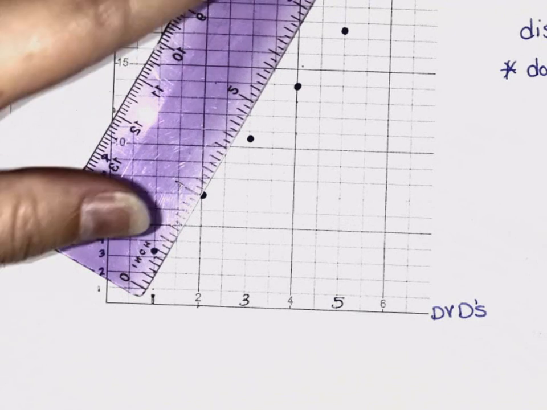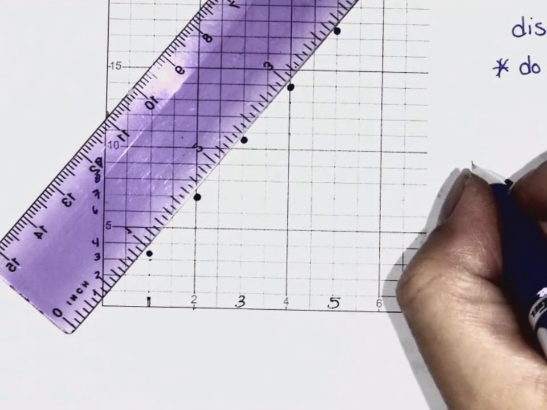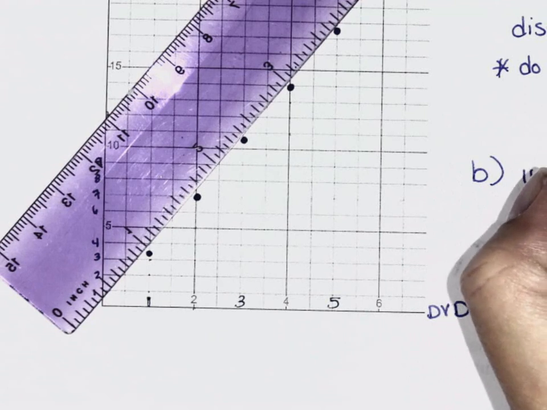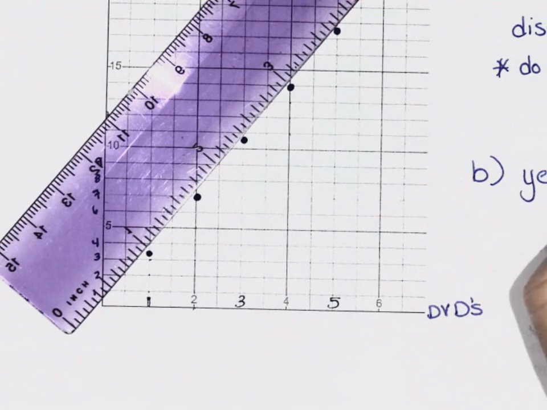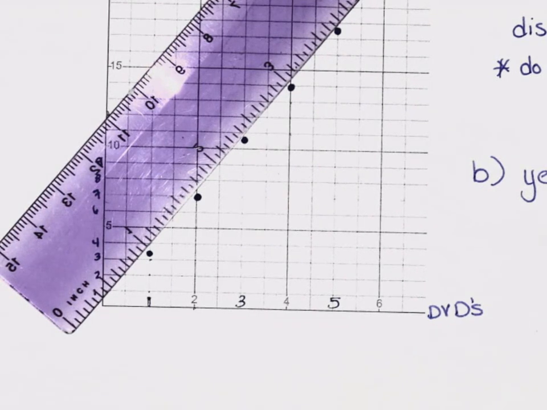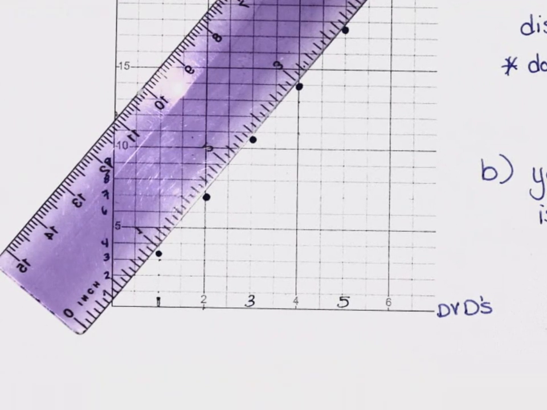Yeah. So for part B, yes, the relation is linear. Because if I put my ruler right on that, they line up really, really good with the ruler.